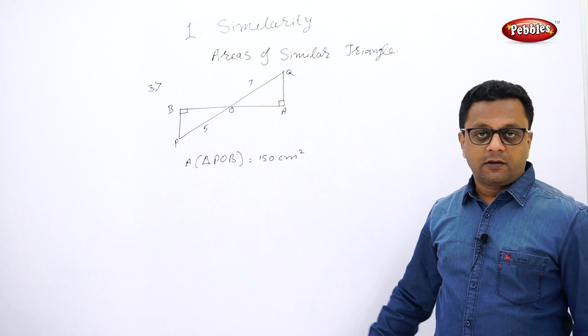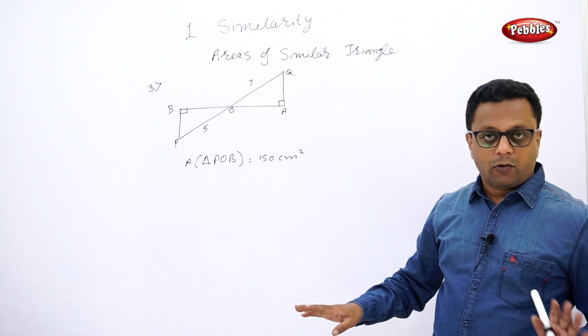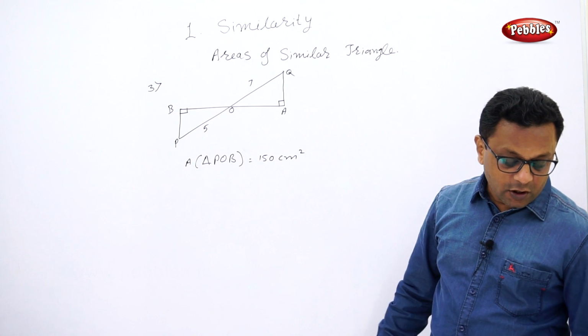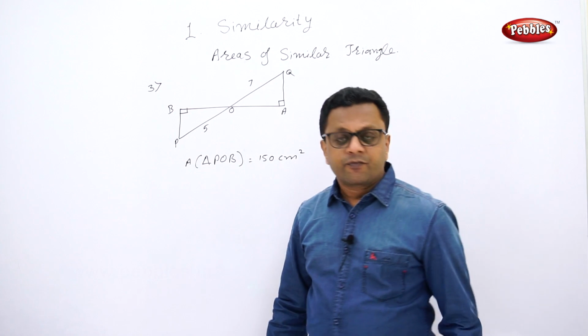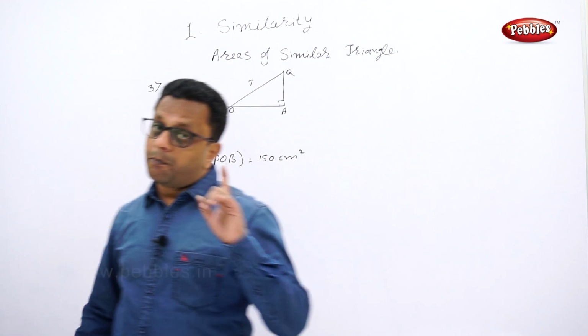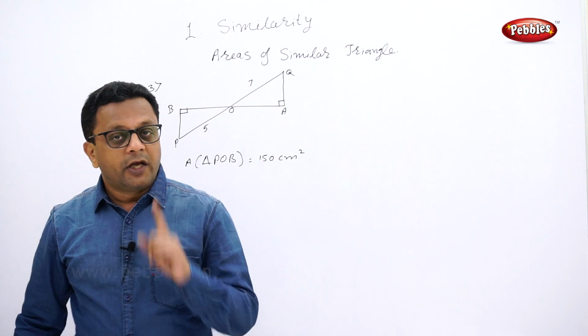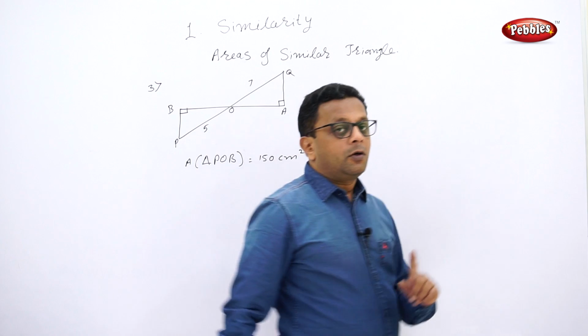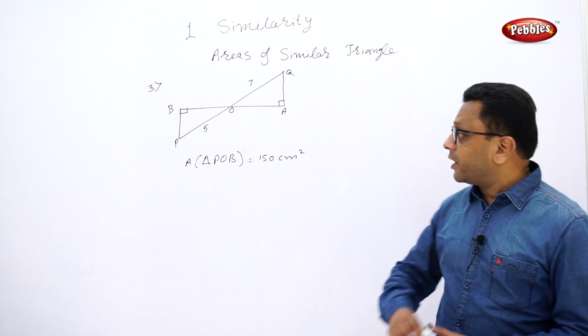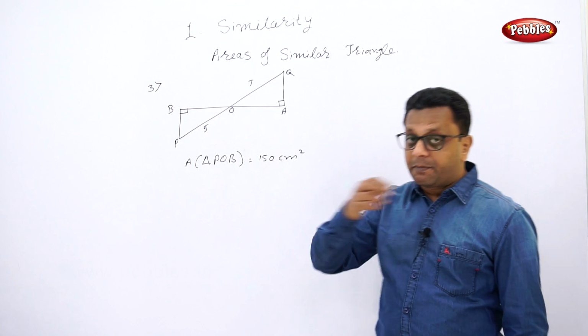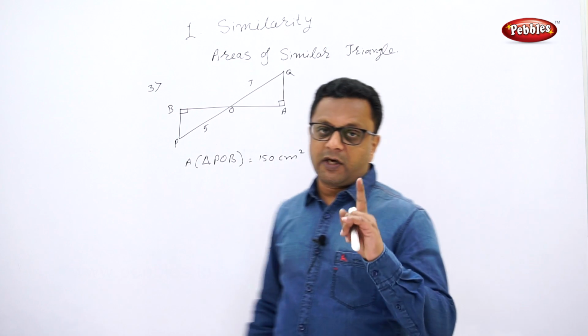They find the answer, perfect. The answer is also correct. The answer is 294 centimeters square. The answer is also correct, but they will lose the majority of the marks. For example, if this sum is for 3 marks, they will get only 1 mark.